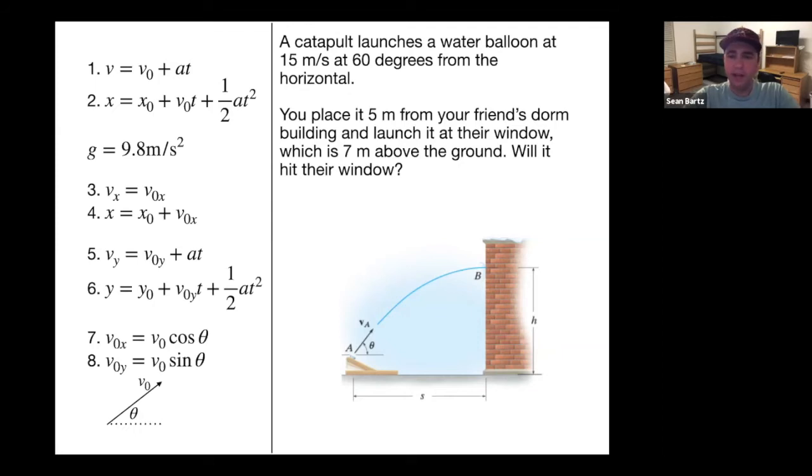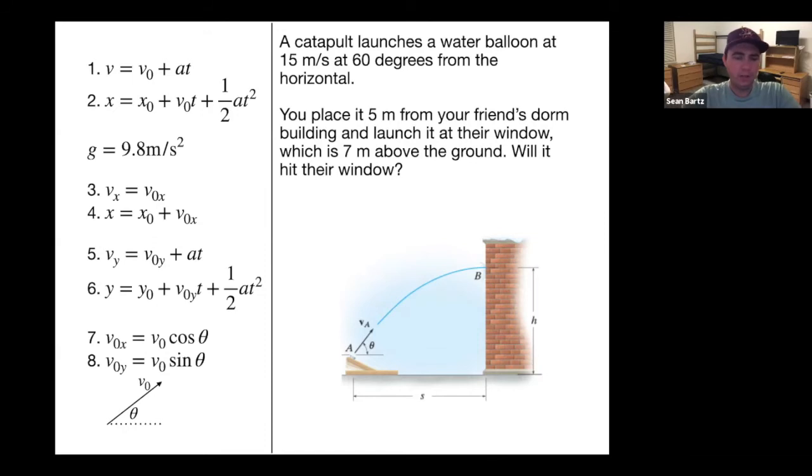The thing that I want to figure out, my target quantity, is the height, right? So how high the water balloon is when it hits. So that is going to be from equation 6. That has y involved.